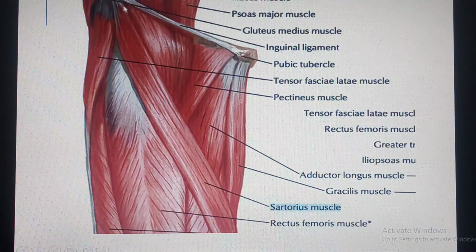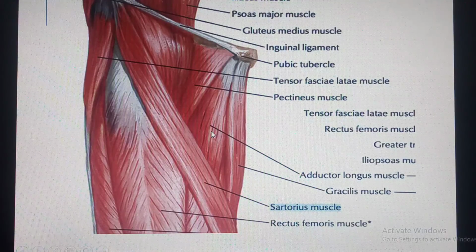Then of course there's the lateral aspect. Laterally, there's the longest muscle in the human body, known as the sartorius muscle. So laterally it will be bounded by the sartorius muscle, but actually the medial border of the sartorius muscle will form the lateral boundary. Then the medial border will be formed by this muscle, known as the adductor longus muscle.